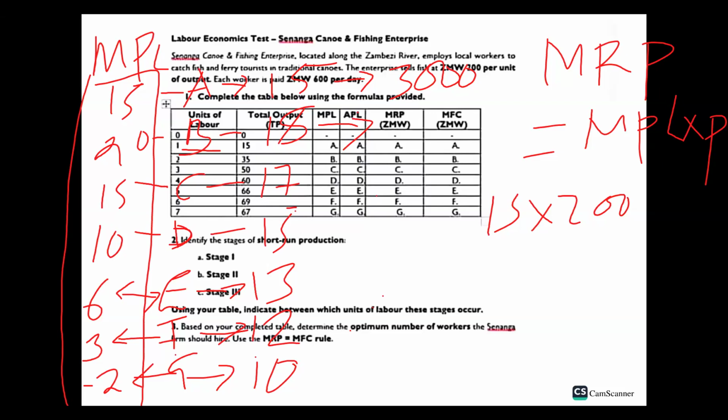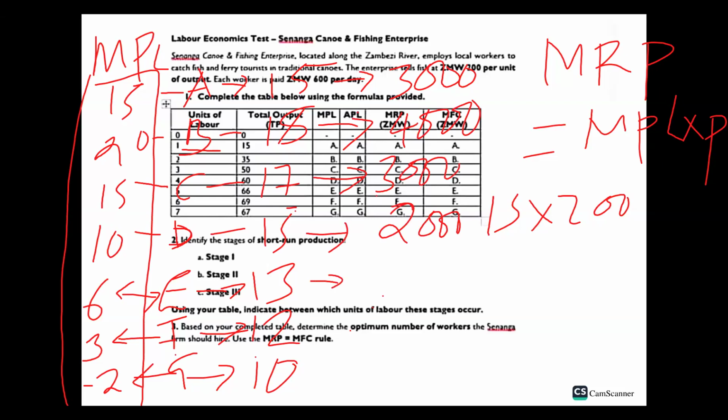What about 20 times 200? You just multiply MPLs times 200, the price. It's 4,000. The next one, obviously this will still be 3,000 because it's still the same 15. 10 times 200, that will be 2,000.